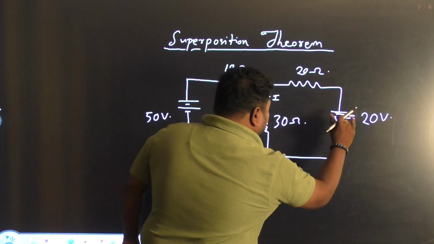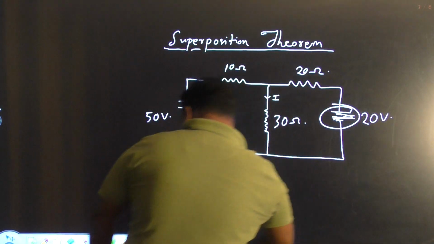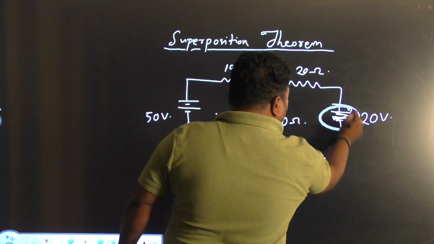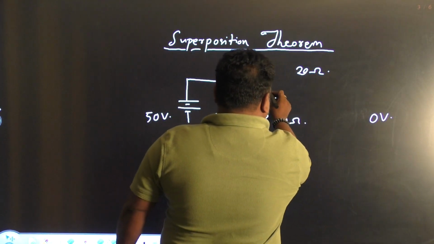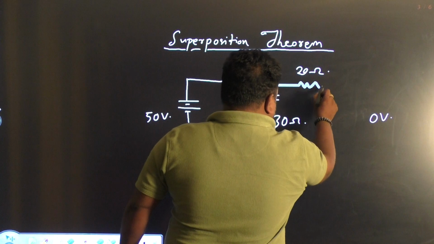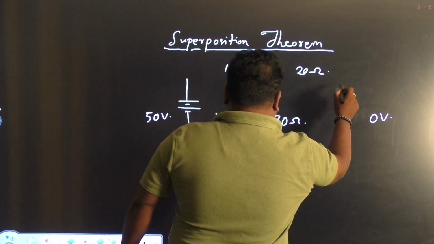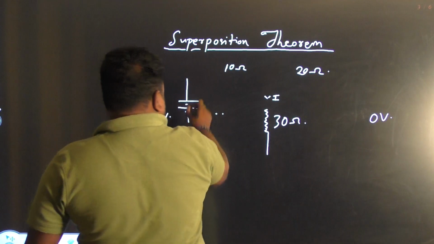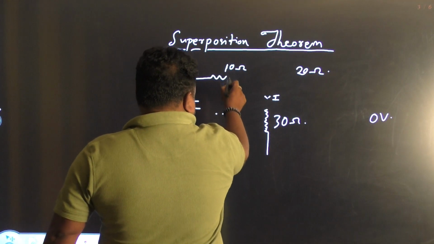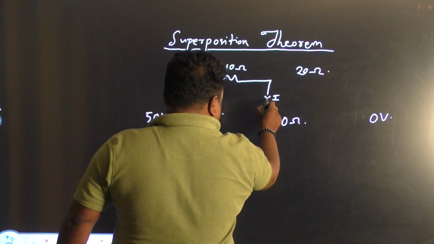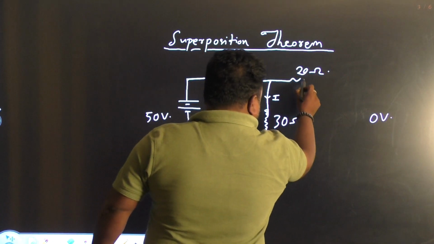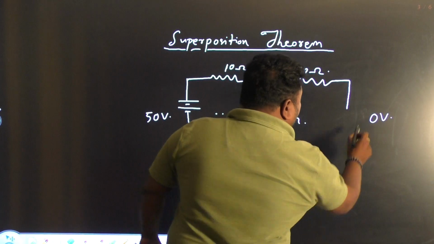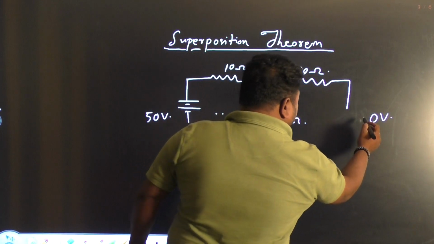This was the circuit. Here the source was there. What was the source?